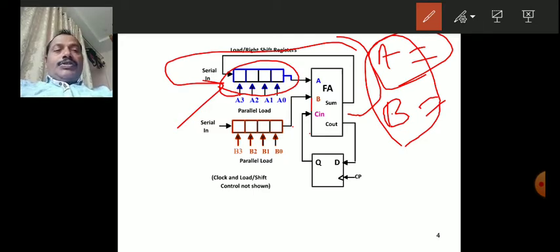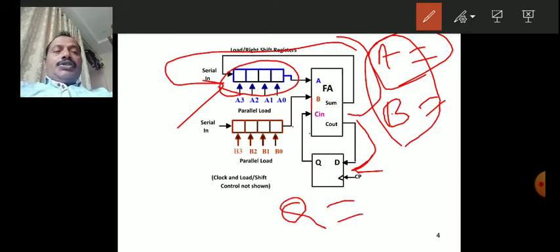These are the two registers and one full adder, and the carry out of the full adder is connected to a delay element, that is the D flip flop. For each clock pulse, Q equals D.